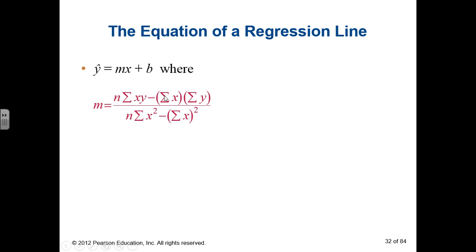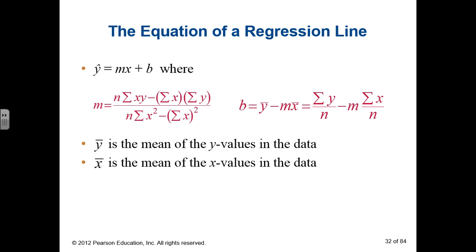We can find the slope using this formula, but if you notice, these values here are the same values we had in our table that we used to find the correlation coefficient. So as long as we keep those values, we can continue using them. Then b is equal to y bar minus m times x bar, where y bar is the mean of the y values and x bar is the mean of the x values.